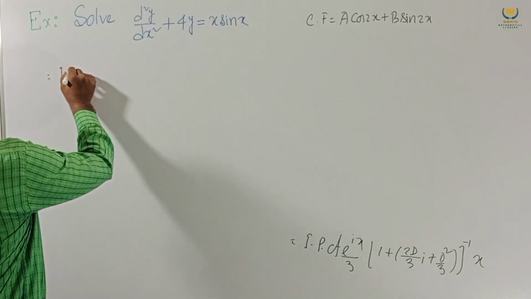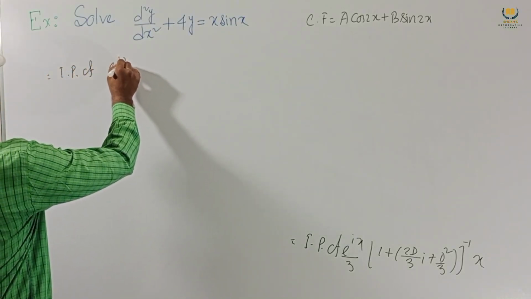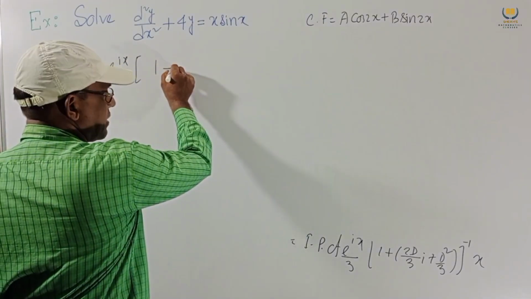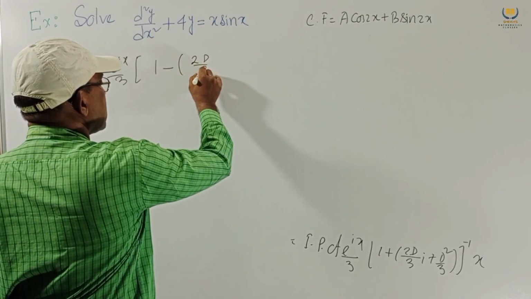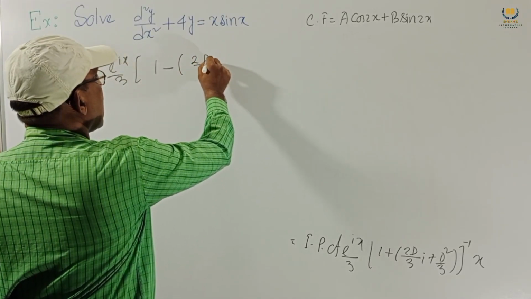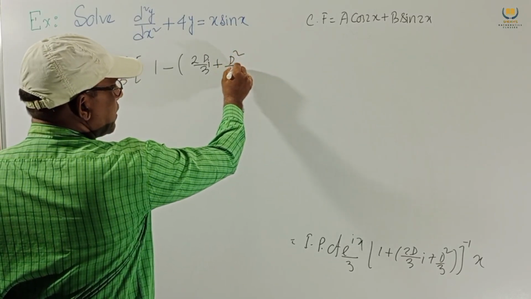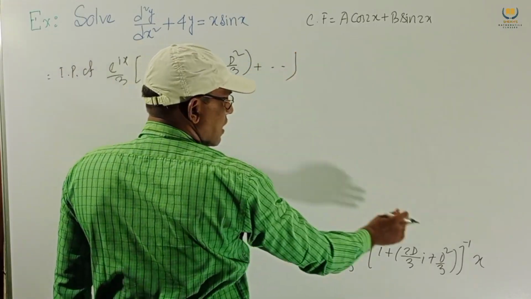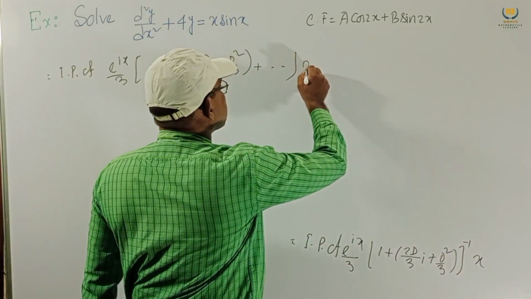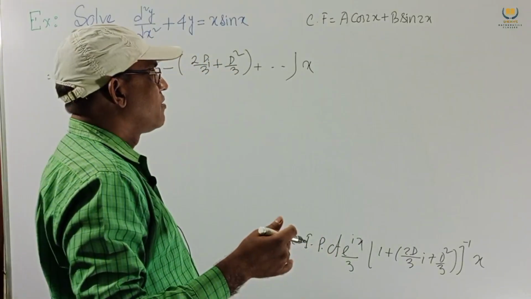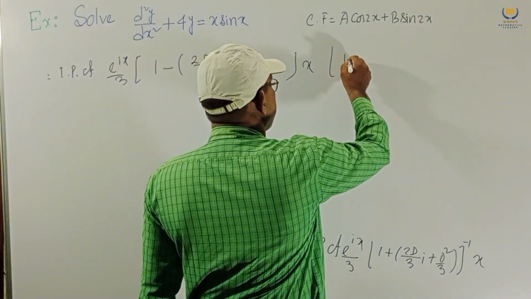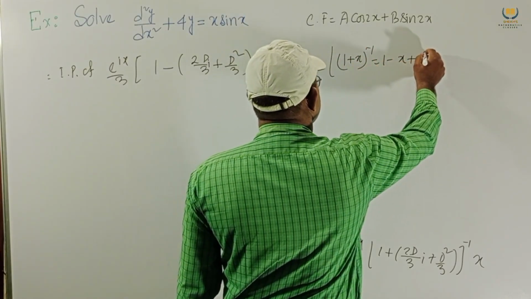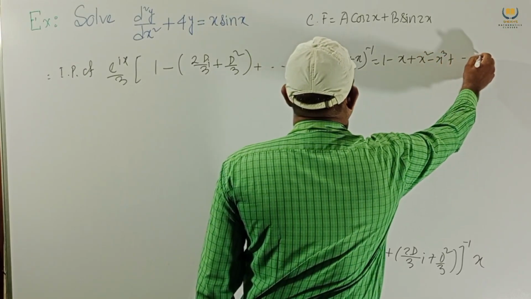This is the imaginary part of e to the power ix by 3 times 1 minus 2Di by 3 minus D² by 3 and so on, because we know (1 + x) to the power minus 1 is 1 - x + x² - x³ and so on.